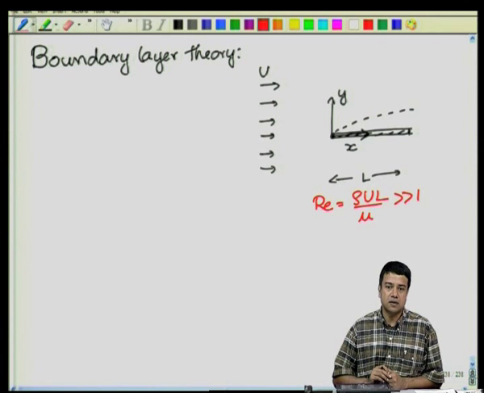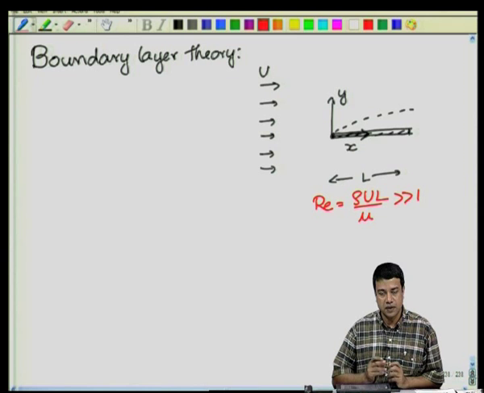So, far away the solution for the velocity field would just be a constant velocity everywhere, because that satisfies the conservation equation, the momentum equation without the viscous term.